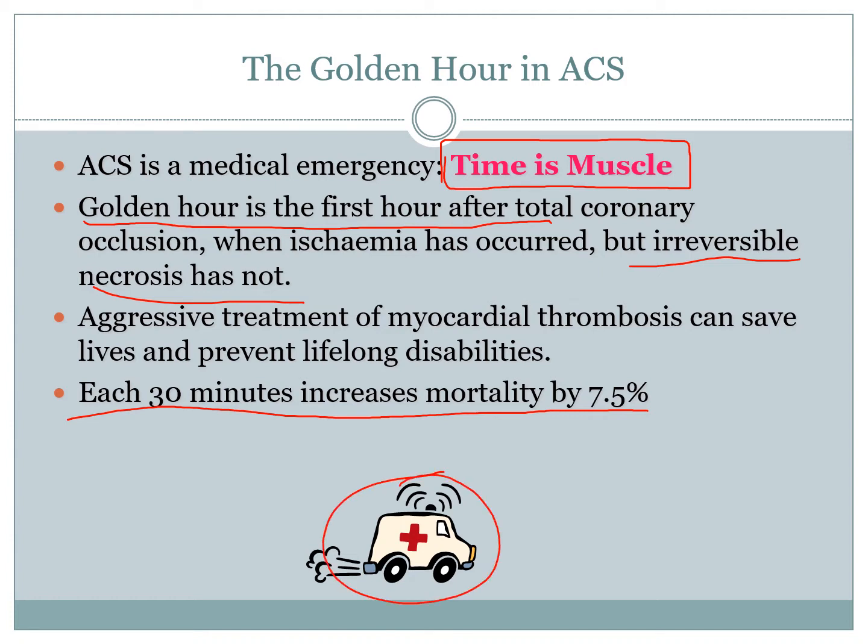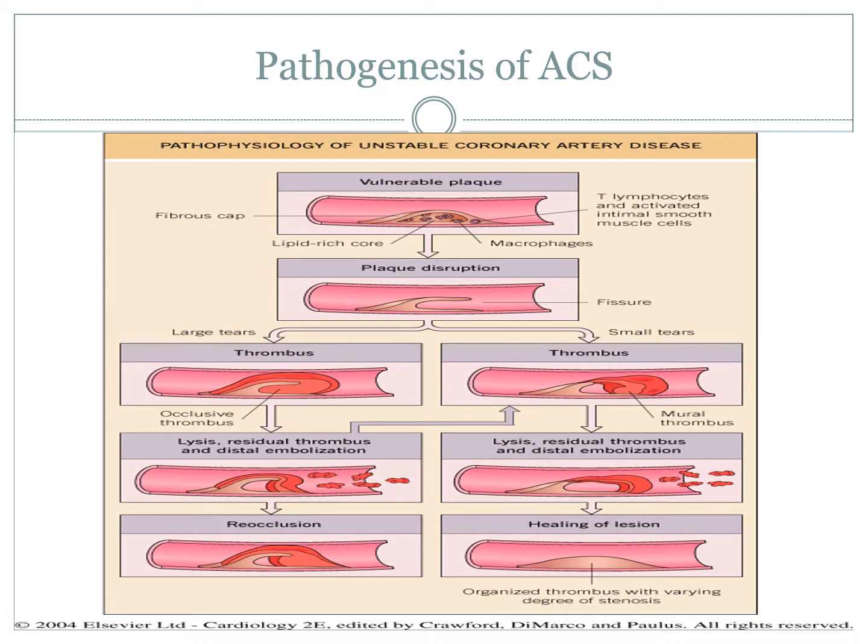Just to bring it right back to the absolute basics, we'll look at the pathogenesis of acute coronary syndrome. Most of the time, we're talking about the build-up of plaques, in particular vulnerable plaques caused by an increase of atherosclerosis.